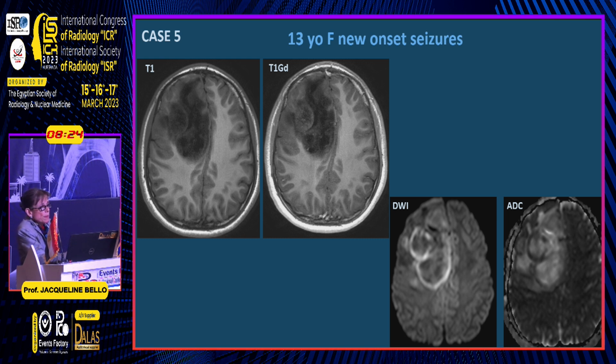Not much enhancement after gadolinium is given, and really just some peripheral restriction of diffusion if confirmed by ADC.